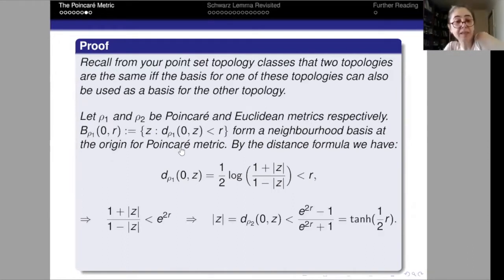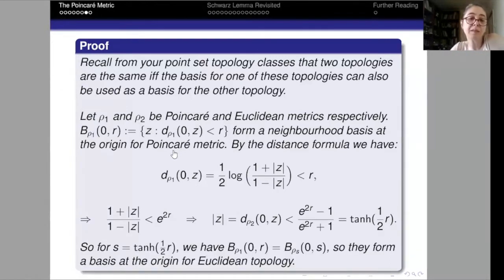But if this is less than r, the absolute value of z is less than e to the power 2r minus 1 over e to the power 2r plus 1. Or if you want to express it differently, this is hyperbolic tangent of r.